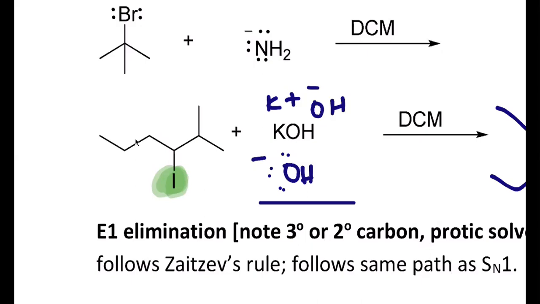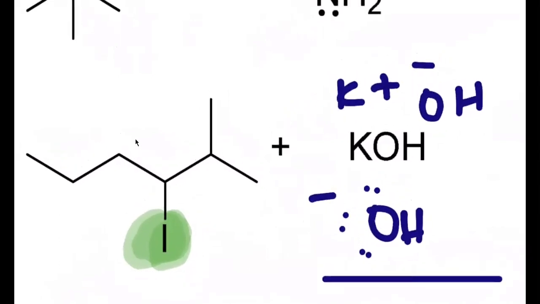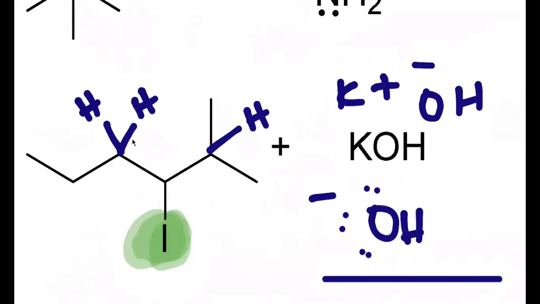So then for elimination, once you find the leaving group, the next thing that you need to do is identify what's called the alpha protons, because these hydrogens that are on the carbons adjacent to the leaving group, those are the ones that get pulled off.